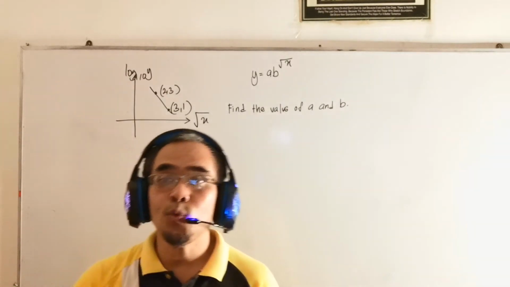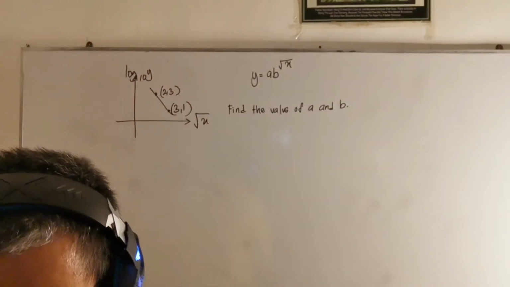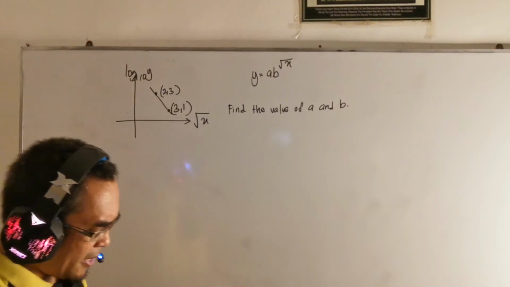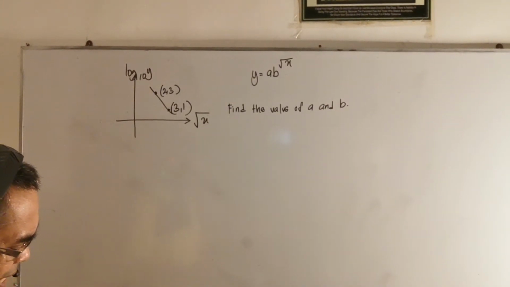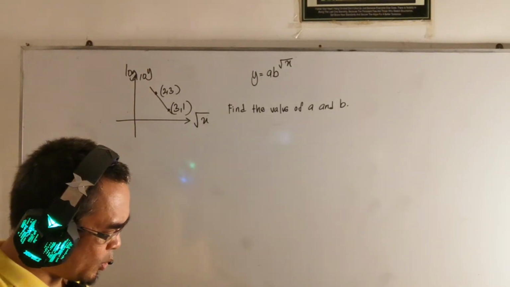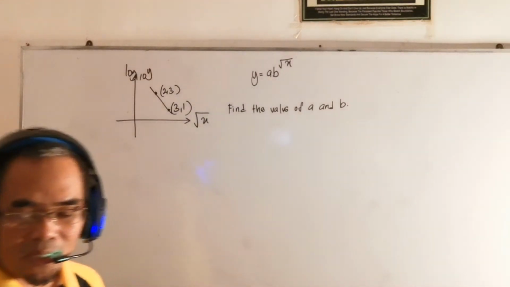The actual question, I read out for you: the above diagram shows the graph of the straight line that is related by the equation y equals ab to the power of square root of x. Find the value of a and b.